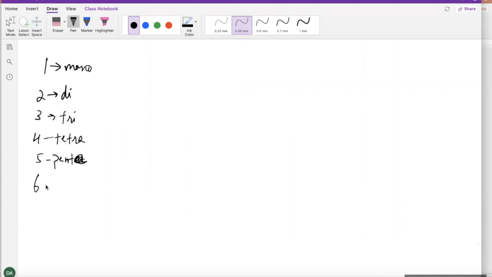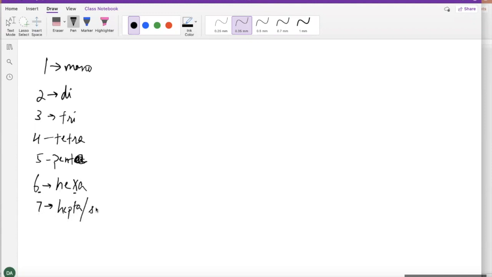So guys, 6 is hexa, 7 is hepta. This is usually the most confusing one. Hepta and hexa are usually very confusing because both start with H. What I'll say to remember is, as you see, hexa has X and 6 has X, so remember it like that. And then you have hepta as 7.